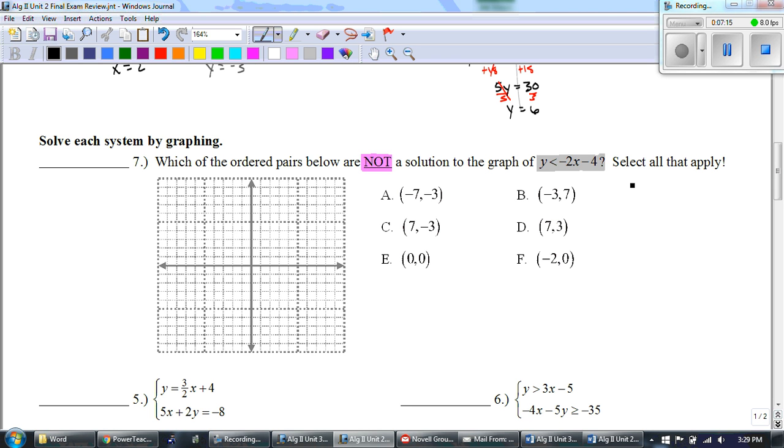All right, so as I'm going to graph that, right away I know that the less than symbol tells me that it's going to be open, and it's less than, so it's going to be below. All right, my slope is negative 2 over 1, and I'm starting at 0, negative 4.